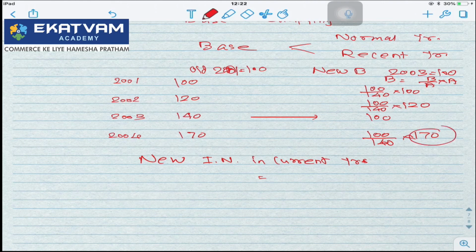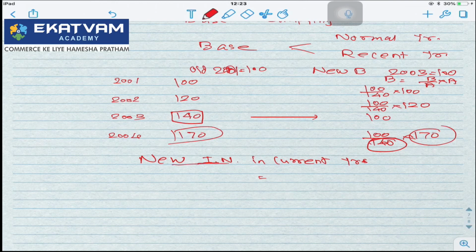But my point is, what is 170? For that matter, what is this 140? This 140 is the old index in the new base year. What is this 170? Old index in the current year. And you are interested in finding the new index of the current year.